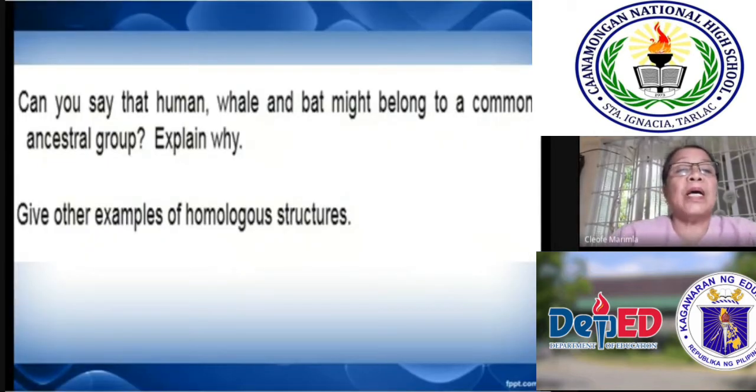From your data in Table 1, can you say that human, whale, and bat might belong to a common ancestral group? Explain why.